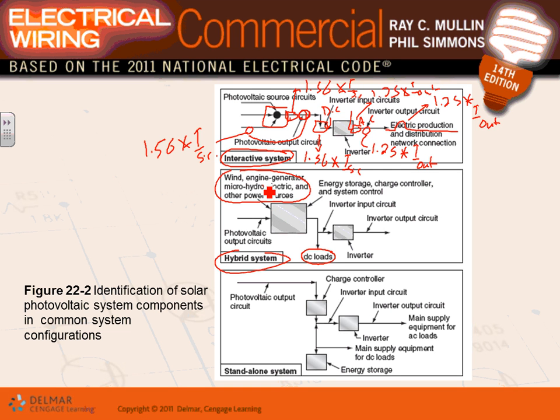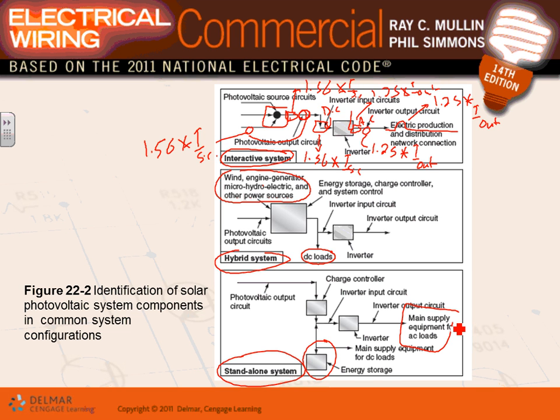So we have solar, we have generator, and we are inverting to the grid here. And you have standalone. Adam lives right in the middle of nowhere and he doesn't want to be on the grid. So he built a solar photovoltaic system here and feeds his loads at a DC level or at an AC level. Any comments, guys, about the three types of solar photovoltaic system?